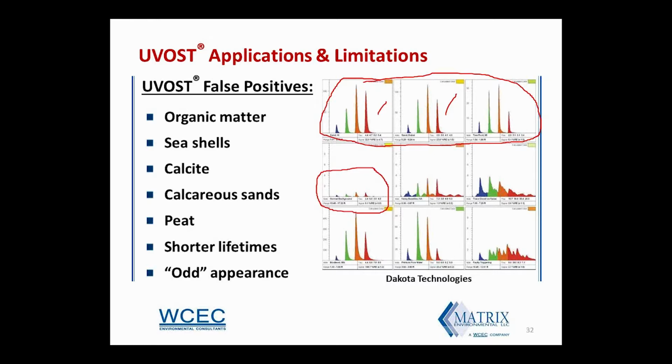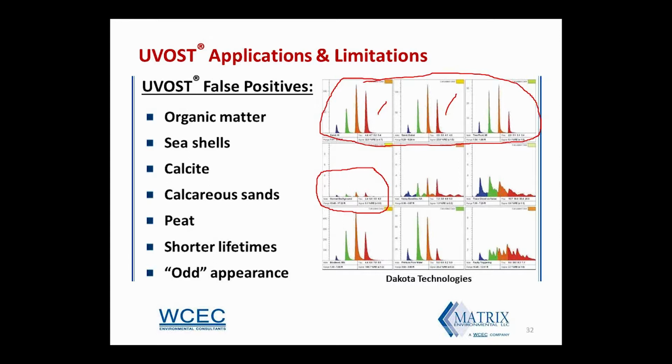But usually false positive waveforms do have distinctly shorter lifetimes, and they appear somewhat odd relative to LNAPL waveforms. So to discriminate between the interfering fluorescence and fluorescence caused by true NAPL, we'll look at the waveforms retrieved in the callouts.